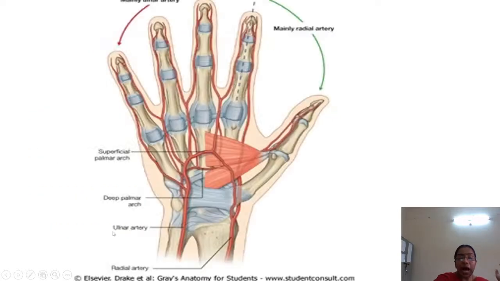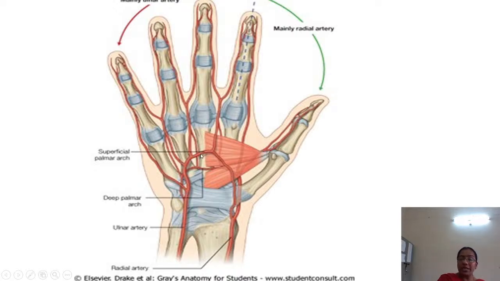That means the arch can be completed. Medially it is constant: the artery here is the ulnar artery, the superficial terminal branch of the ulnar artery on the medial side.